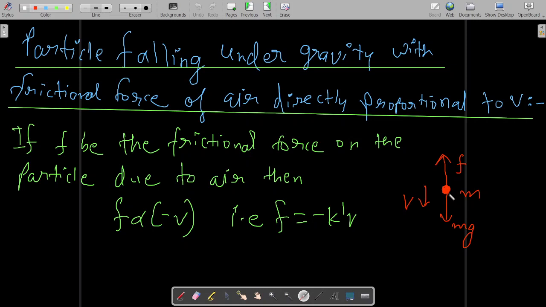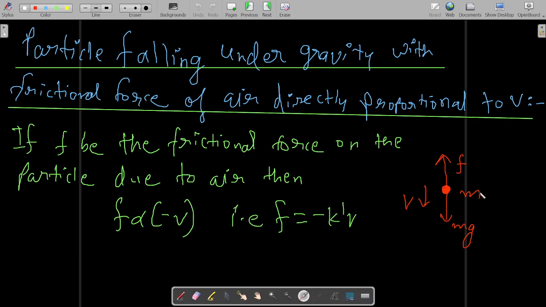Getting it? If this viscous medium, air, is too long, then what will happen? The height of the object from which it is dropped will increase many folds, and it will be very much comparable to the radius of the earth.